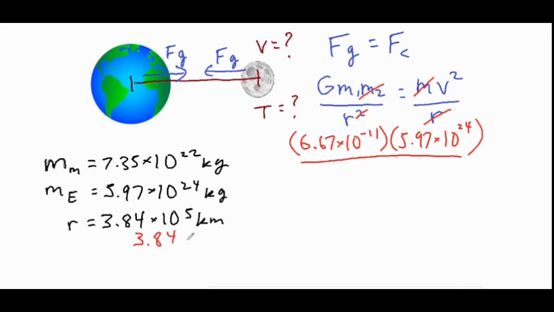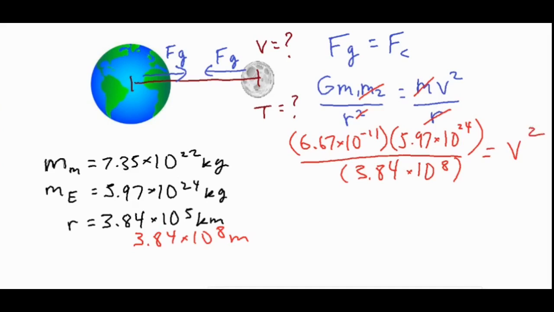So if we convert that, we get 3.84 times 10 to the 8th meters. So that's something to watch out for because the standard unit for mass is kilograms. So that one is in the correct unit, but if it's in kilometers, you definitely want to convert that into meters. Okay, so all of this equals m v squared over r, but the m and the r got canceled out, which is nice. So we only have a v squared over here.